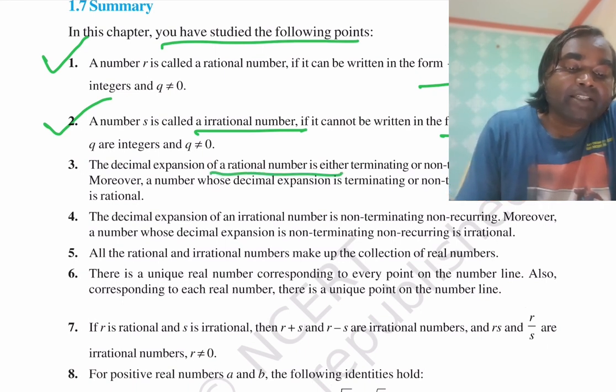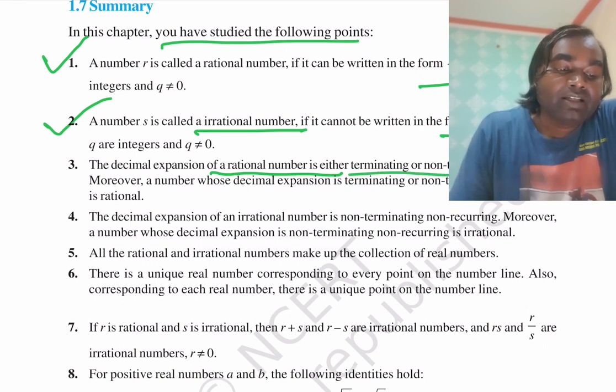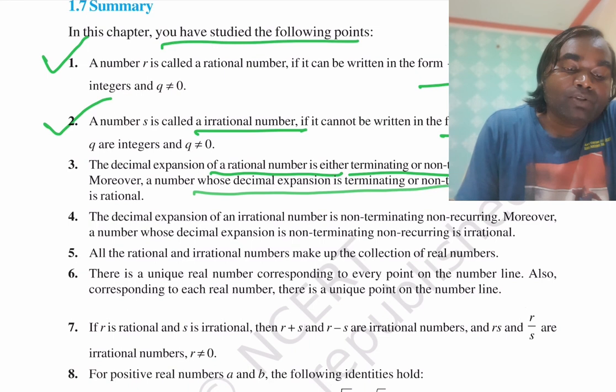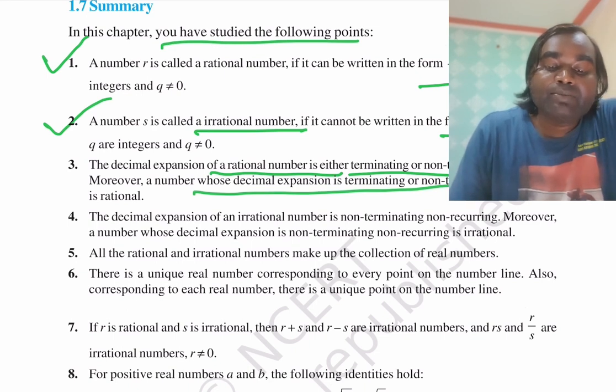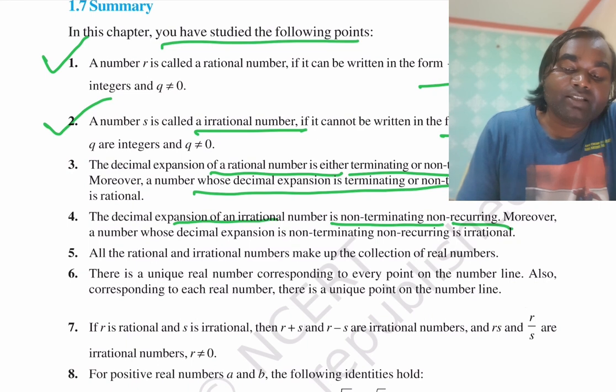The decimal expansion of a rational number is either terminating or non-terminating recurring. However, a number whose decimal expansion is terminating or non-terminating recurring is rational. The decimal expansion of an irrational number is non-terminating, non-recurring.